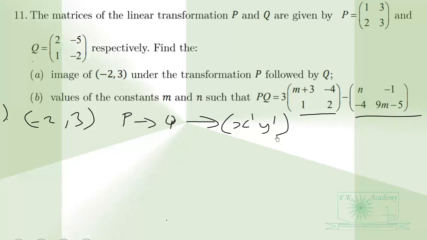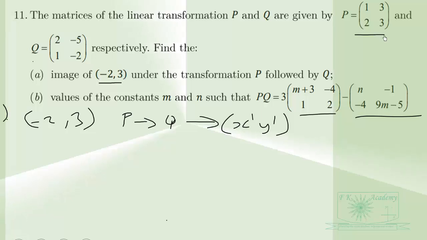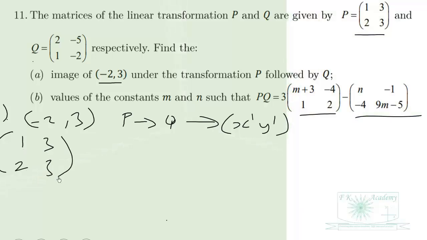Now when we transform this point under P, we will get P, which is [1, 3; 2, 3], times [-2; 3].